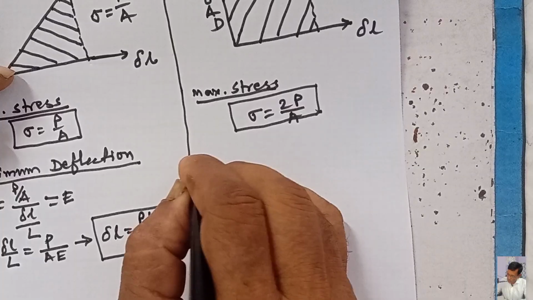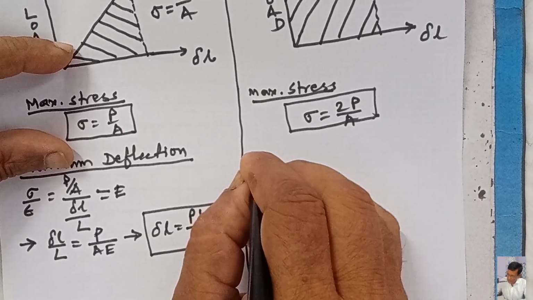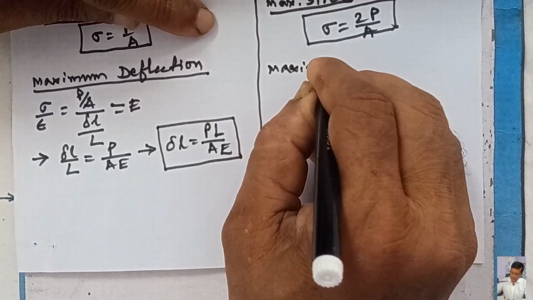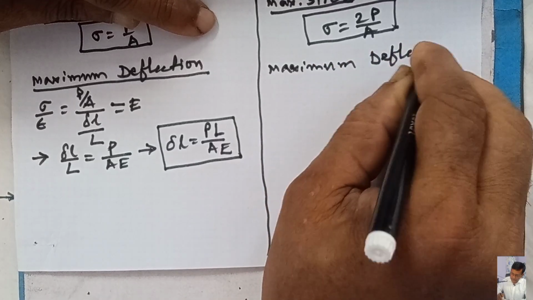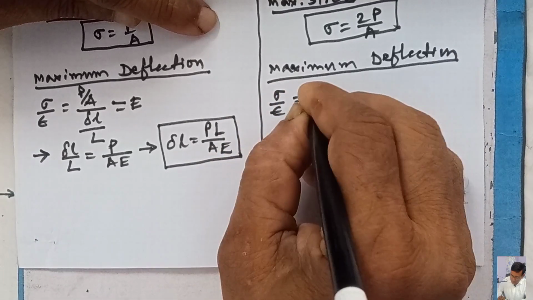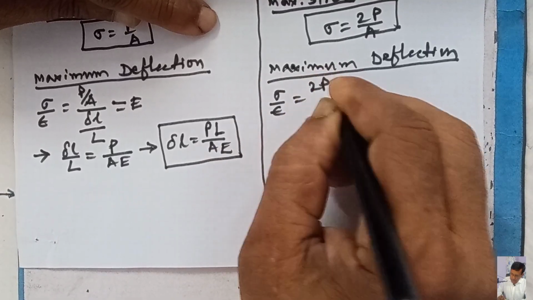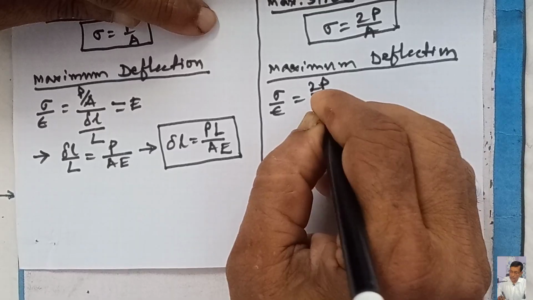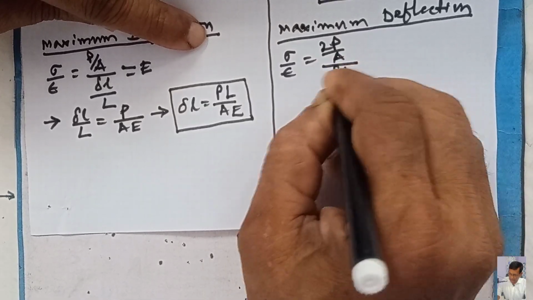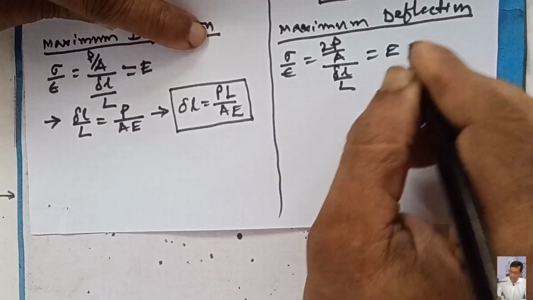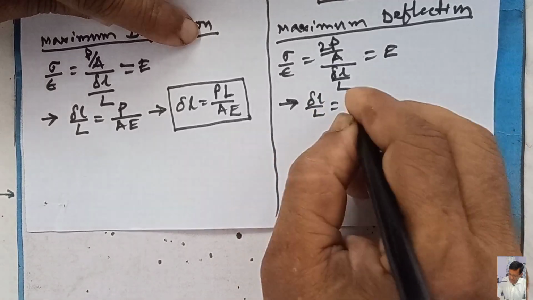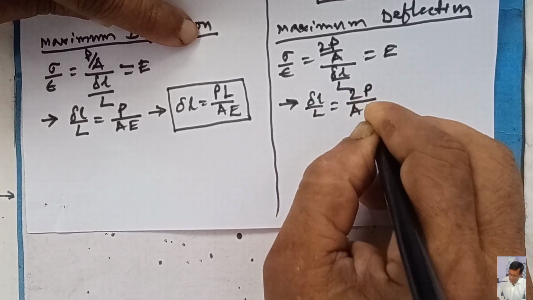In case of sudden loading, maximum deflection, in a similar way, stress by strain is equal to E. Stress is 2P by A, strain is del L by L. From here we get del L by L is equal to 2P by AE.